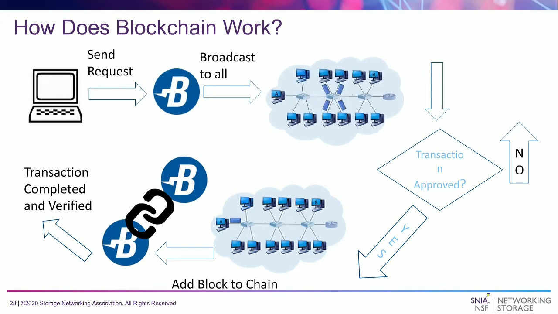We have three main components: private key cryptography, distributed networks, and a shared ledger accounting for the transactions. A transaction occurs, I send the request, and I broadcast the public aspect of the transaction, which gets encrypted with the private key.